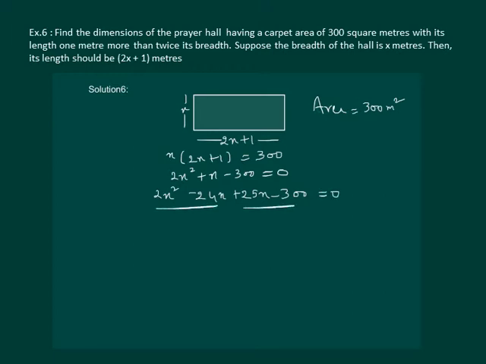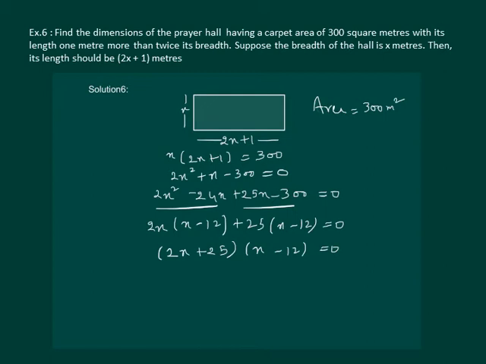Pairing 2x common gives me x minus 12, 25 common, again x minus 12. So the two factors are 2x plus 25 and x minus 12 equal to 0.